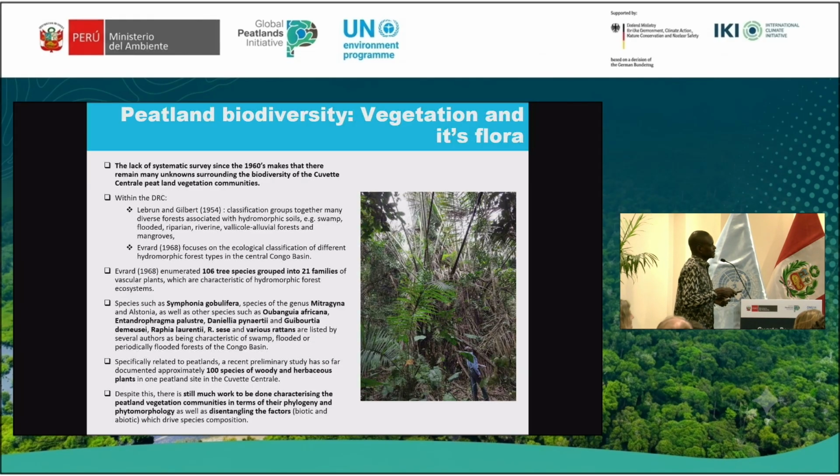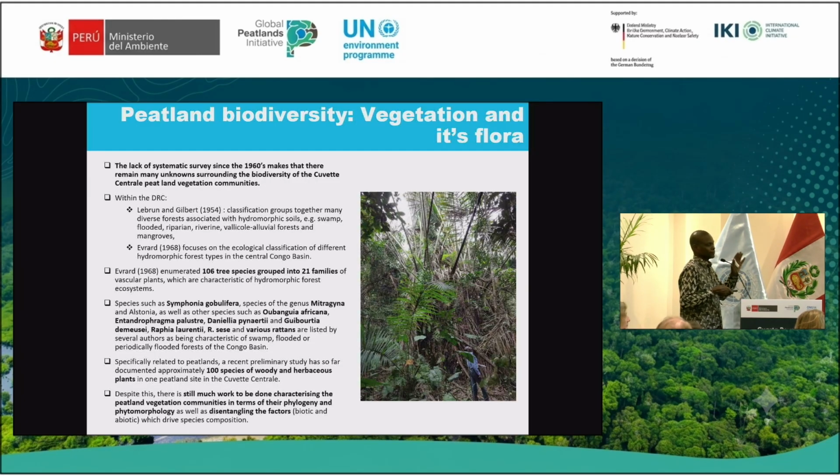And about the diversity, as I said the first day, it's the last peatland that we are starting to understand. So we still have to learn a lot and to document. Until about 15 years ago, we didn't know about the peatlands. The first seminal work was done by Lebrun and Gilbert, who classified together all the forests related to water, and Evrard focused more on the ecological aspects of those forests.